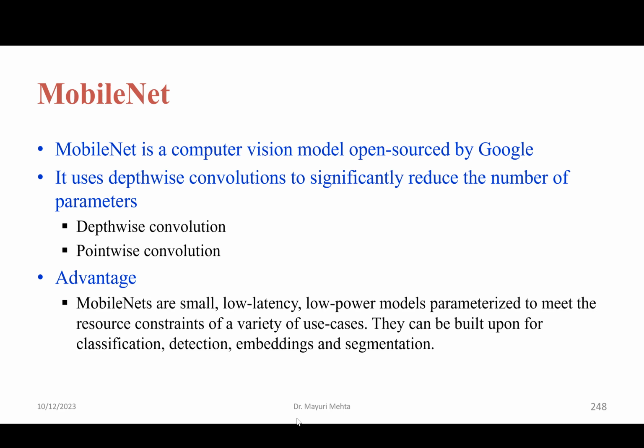So what exactly is MobileNet? MobileNet is TensorFlow's first mobile computer vision model. Do you know who proposed TensorFlow? Any idea? It is a Python library, but who proposed it? It was proposed by the Google team in 2015.